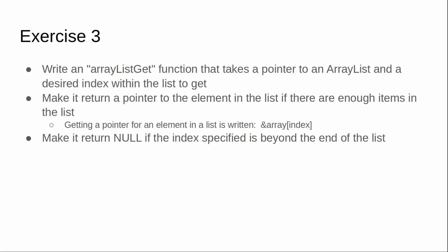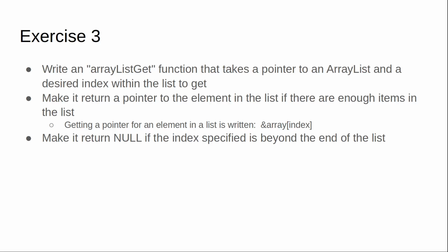Okay. Remember that the syntax for getting a pointer to an element in the list is ampersand array and then bracket index bracket. Okay. If the user specifies an index that is beyond the end of the list, then make the function return null. All right.